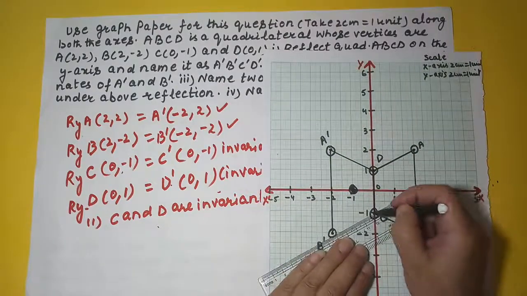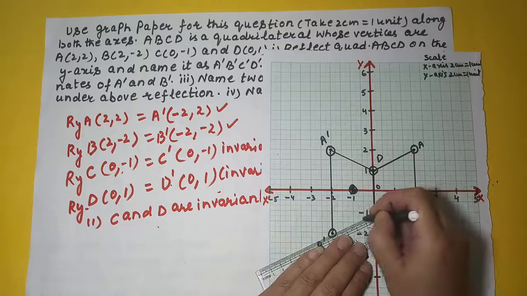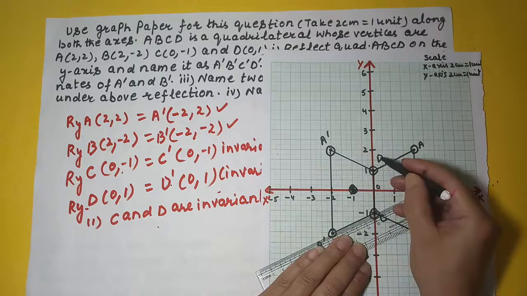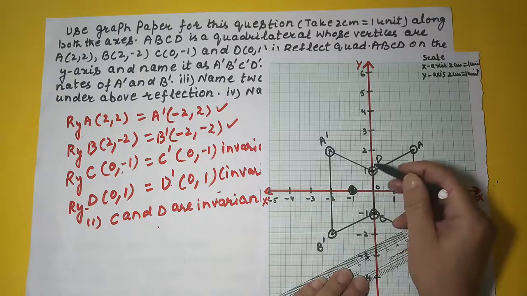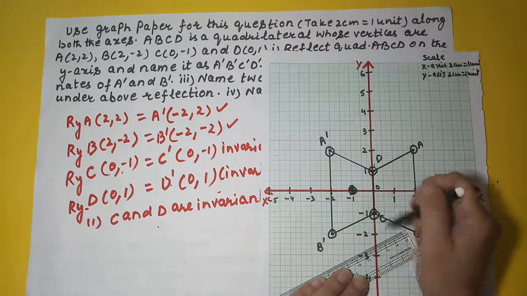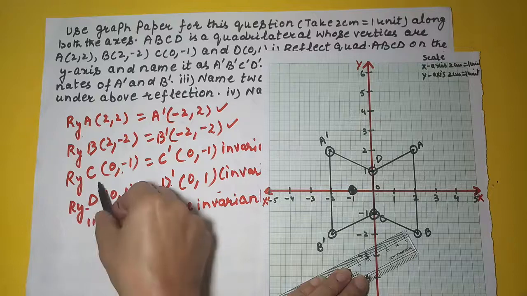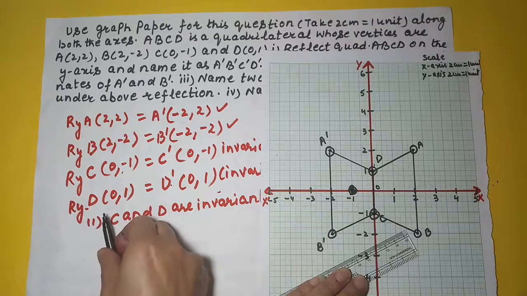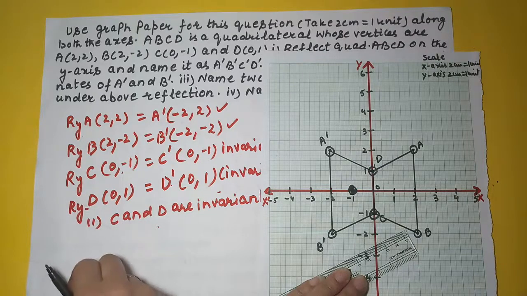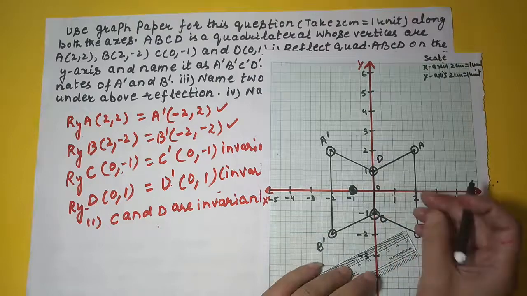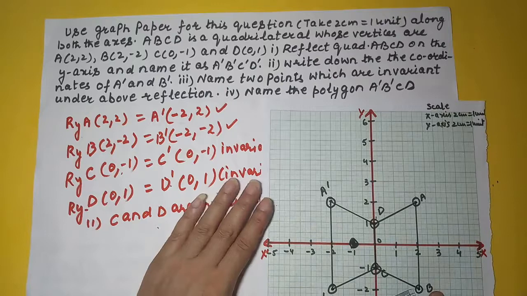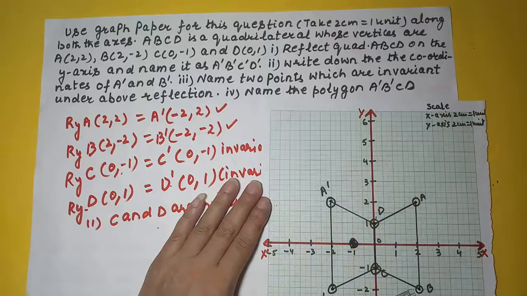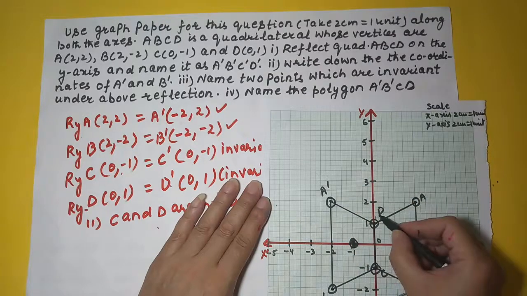So you can see from the graph also the points D and D dash, C and C dash, they coincide, right? They lie on the same point. That's why they are called invariant points. C and D, when you reflect these points through y-axis, they are invariant. Okay. Now you name the polygon A dash, B dash, C and D. How will you name this?